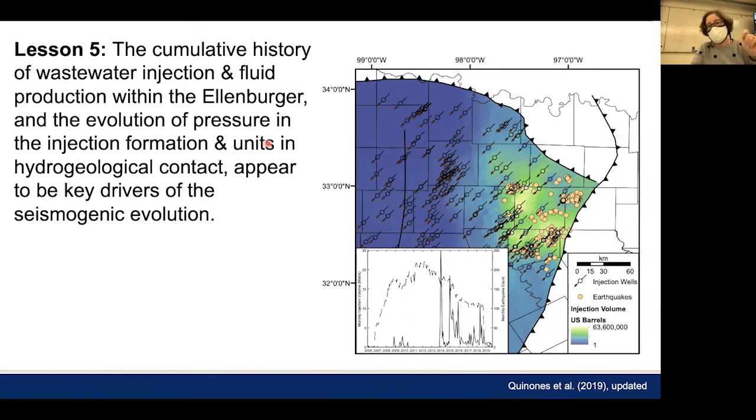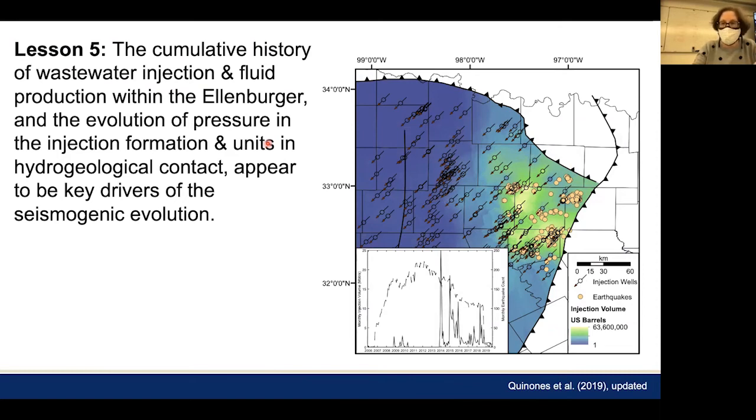And it speaks to the need to continue monitoring, because you don't know if the whole system is still evolving. You don't know when the hazard is going to return to background. I mean, background is when there hadn't been an earthquake for hundreds of years, if not thousands of years.